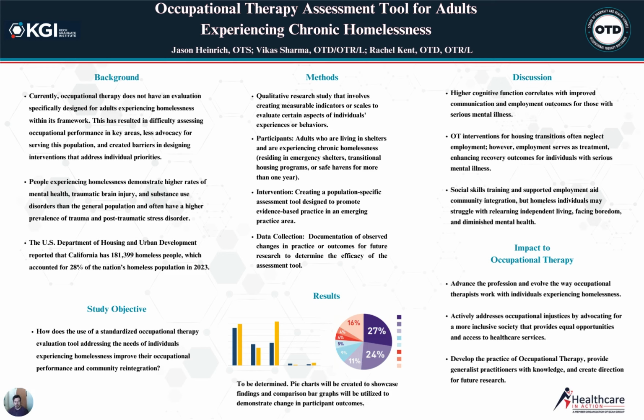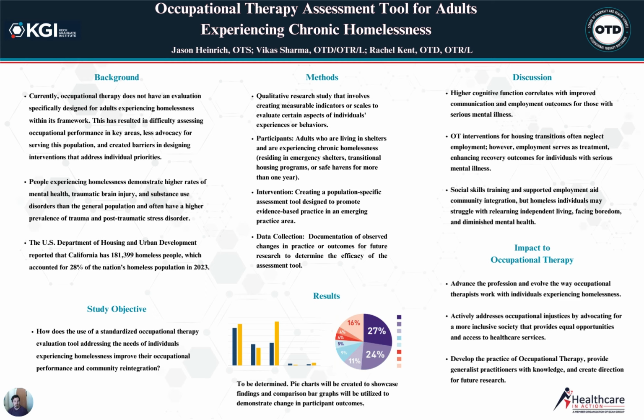So to summarize my project, the participants in my project are adults, meaning those over the age of 18 who are living in shelters and are experiencing chronic homelessness. In other words, residing in emergency shelters, transitional housing programs, or safe havens for more than 1 year.